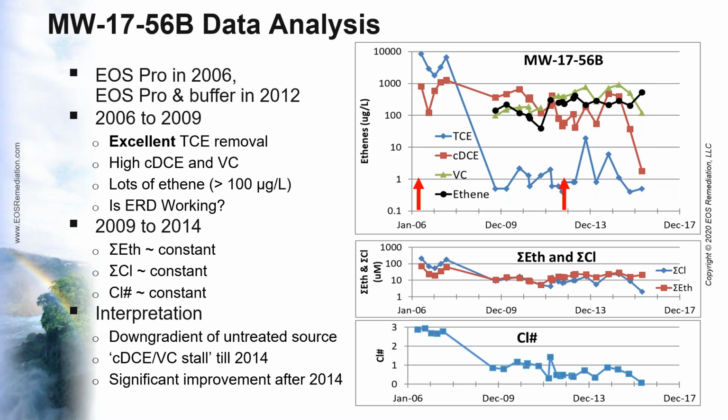They were getting partially degraded, but since we didn't find all the source area, we were continuing to get a bleed in of TCE for probably almost a decade. It wasn't until we went up gradient, found that other area, and treated it, that suddenly things started to take off.